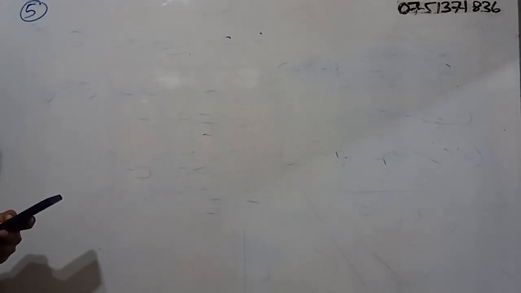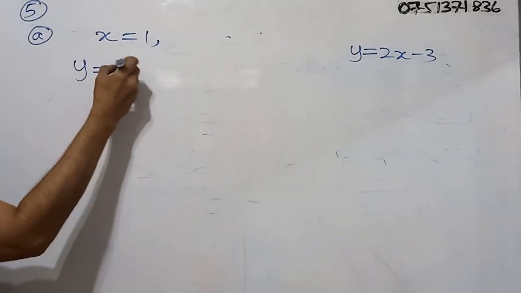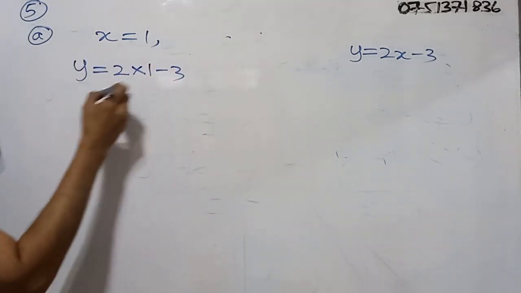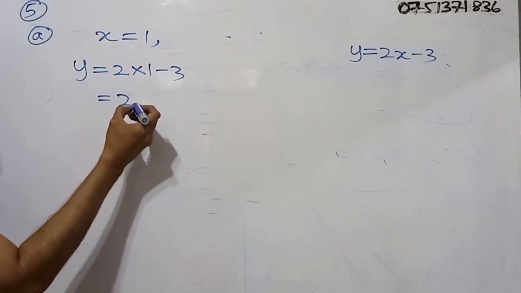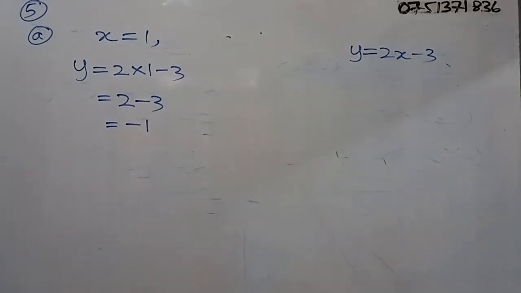Question number 5. An incomplete table of values prepared to draw the graph y equals 2x minus 3 is given below. Fill in the blanks of the table. Right, so we need to find the value of y when x is equal to 1. So y is equal to 2 into 1 minus 3. So 2 into 1 is 2, 2 minus 3. So here the outcome is minus 1.